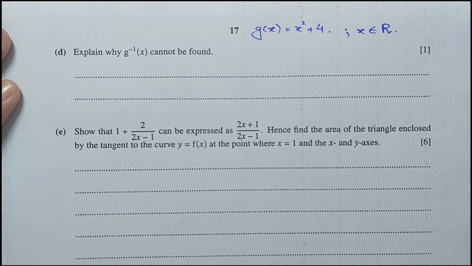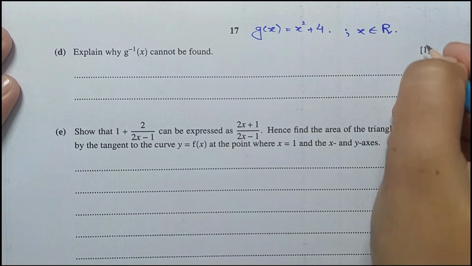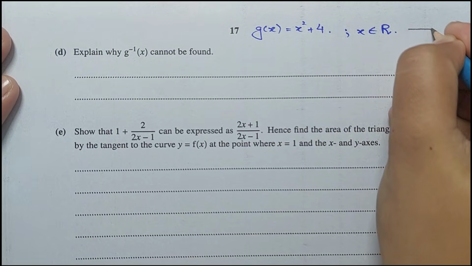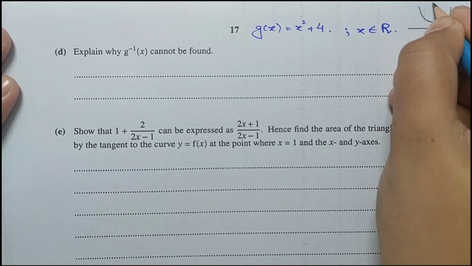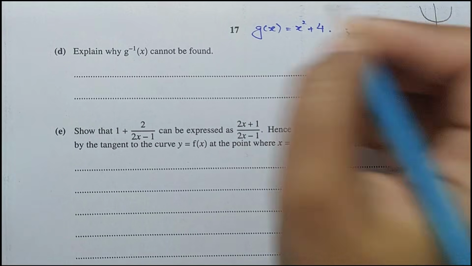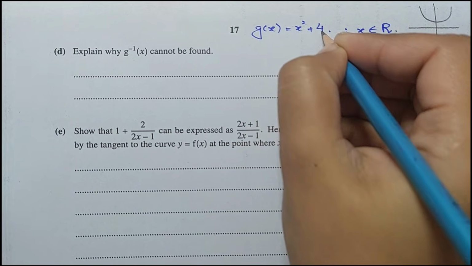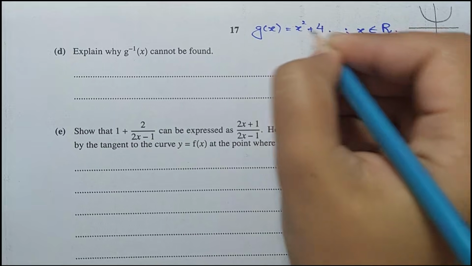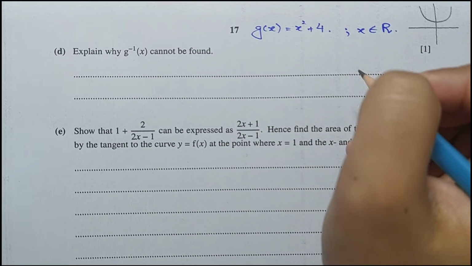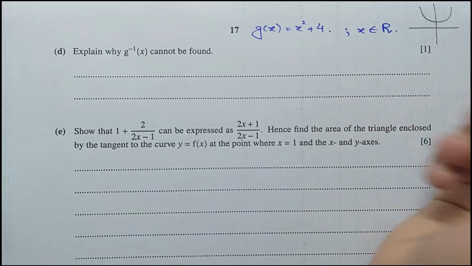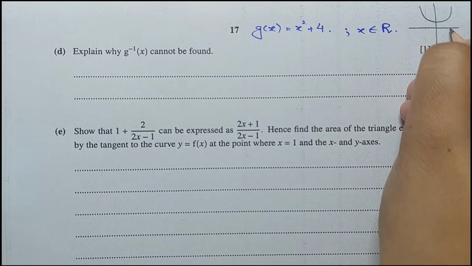It's a quadratic expression, and the graph of a quadratic equation is a parabola. So if I draw the parabola, we can see this is how the parabola looks. If you put x square plus 4 equals 0, you will get x square equals negative 4, and x would be the square root of minus 4, and negative means no x-intercepts.